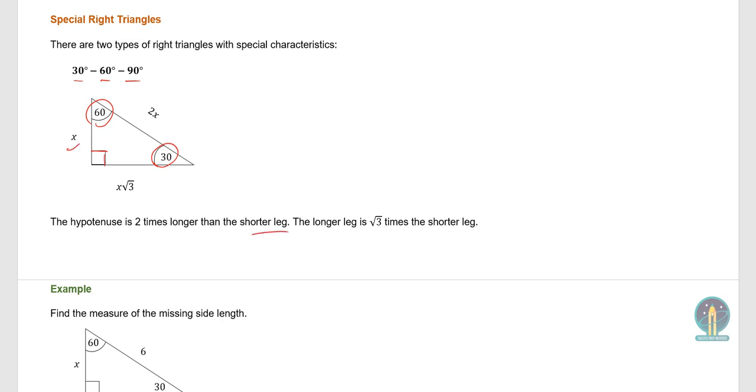The shorter leg being the leg opposite to the 30-degree angle, and only when it's 30 degrees. Okay, so if the hypotenuse were 6, you would know that this side has to be 3, half of 6. If this side were 2, if you started with 2, you know that this side has to be 4, etc., etc. Okay.